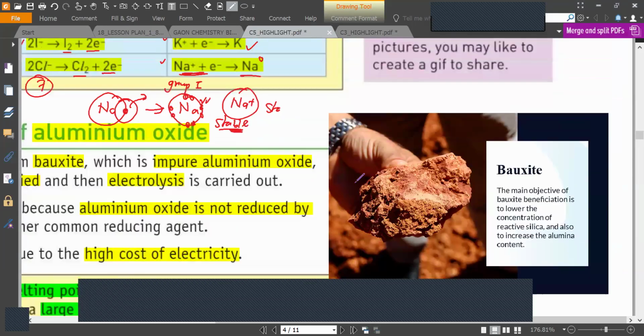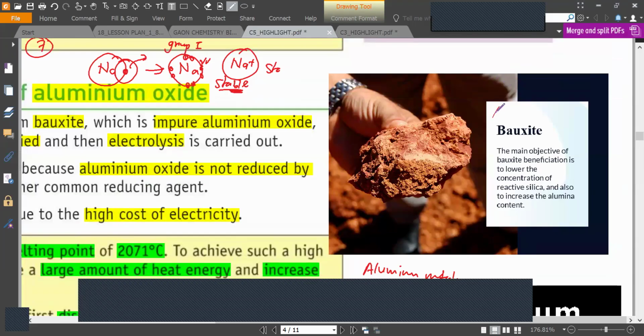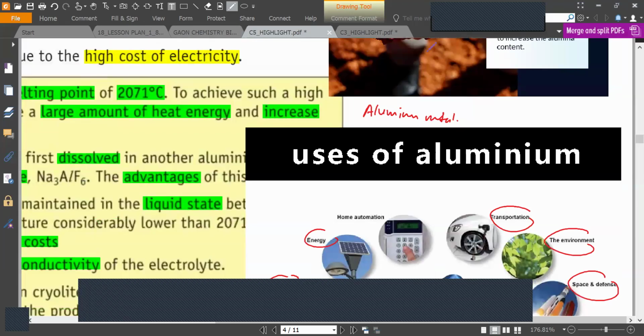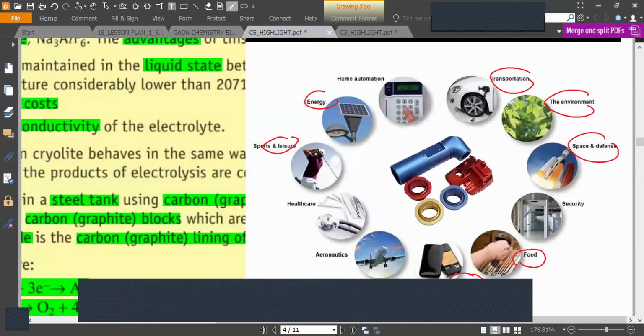But this is aluminium oxide. Let's say we go to the mountain, we get the aluminium oxide, it looks like this. So it's not useful. Al2O3 is not useful because it does not have these metallic properties.